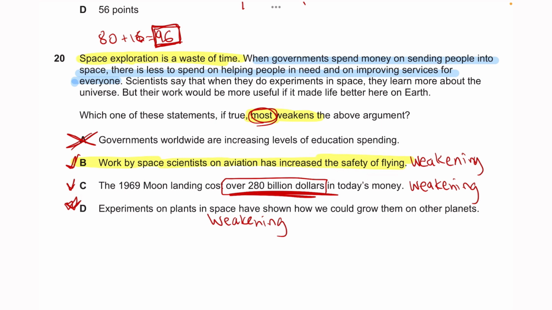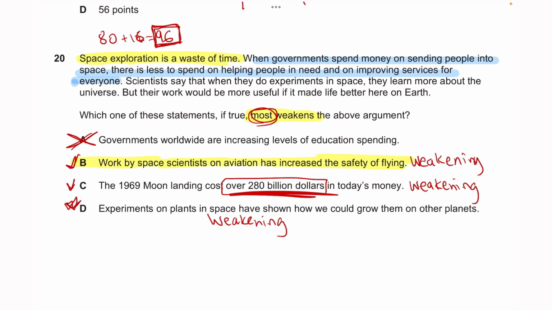And so what space scientists have done, because they're flying to outer space and working in outer space areas, the safety of flying has definitely improved, and that can be applied to real life. And so that's why our answer to question 20 is B.